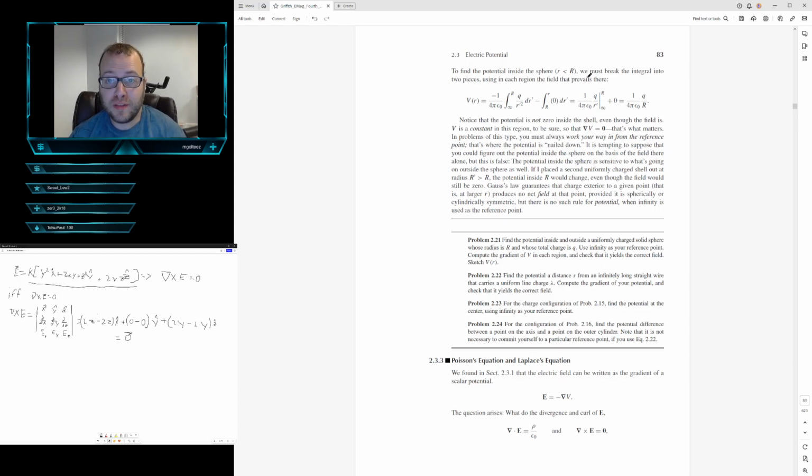For potential inside the sphere, we have to break that integral into two pieces. We have to break it from infinity to capital R, and from capital R to some point r.